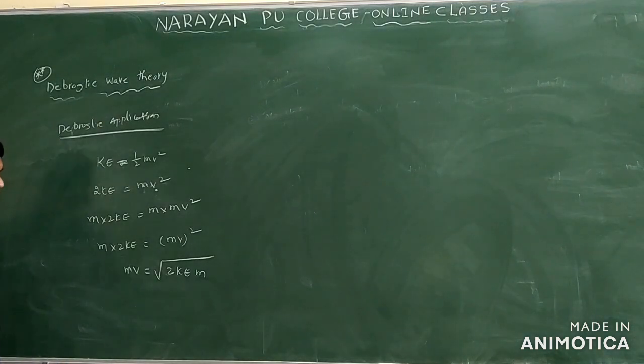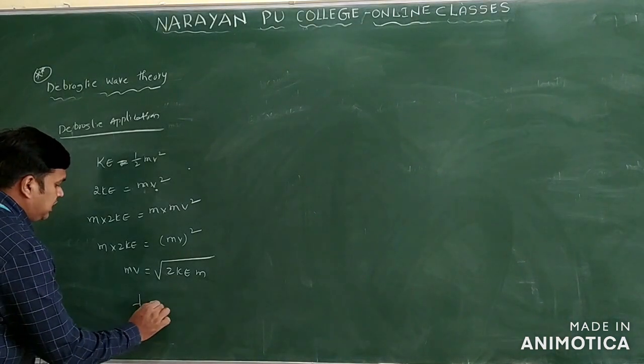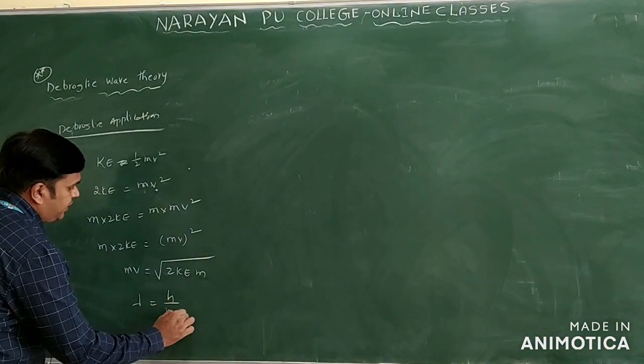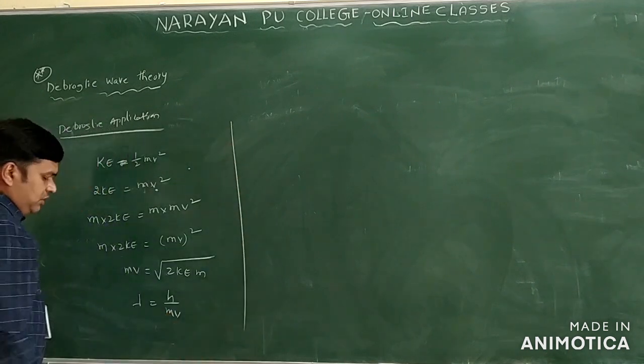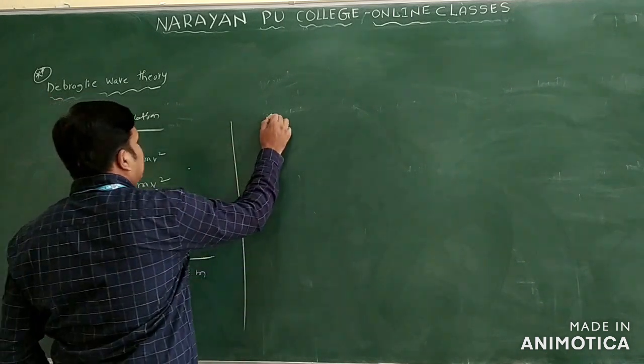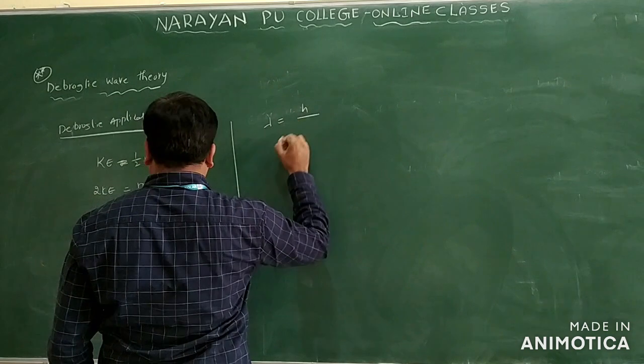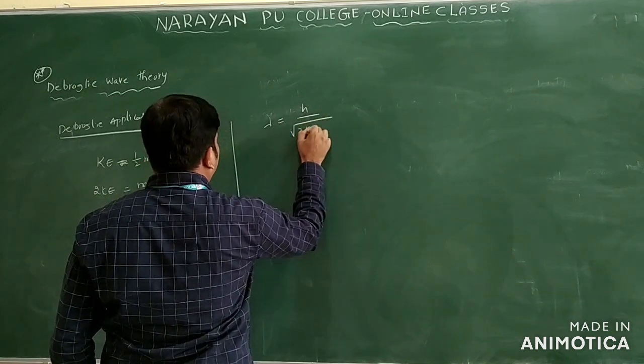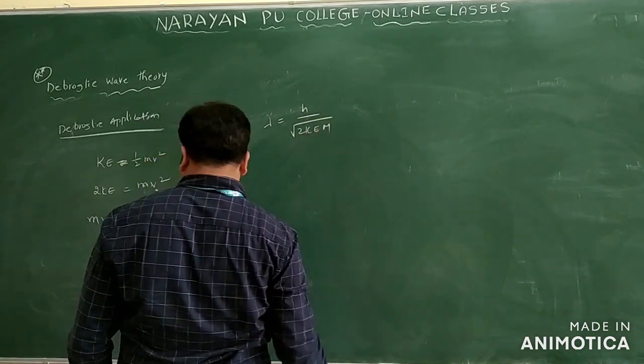You know one formula, lambda equals h by mv. Substituting the mv value, lambda equals h by the square root of 2 into Ke into m.